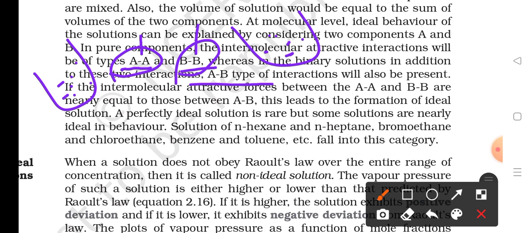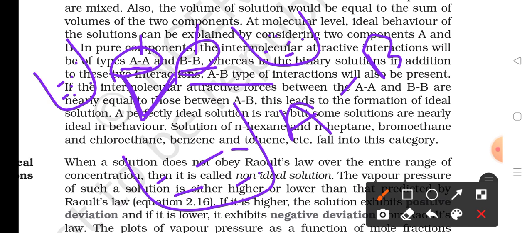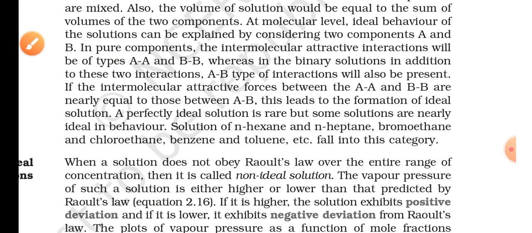After adding solute to solvent, the molecules of A and B have a new interaction, known as AB. So if the AA and BB interaction is equal to the AB interaction, then these solutions are known as ideal solutions. Remember that. This is also a good definition for an ideal solution.